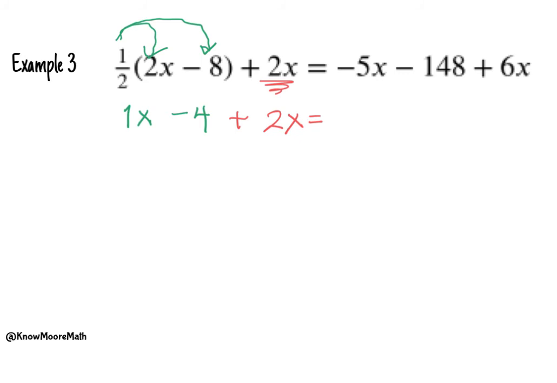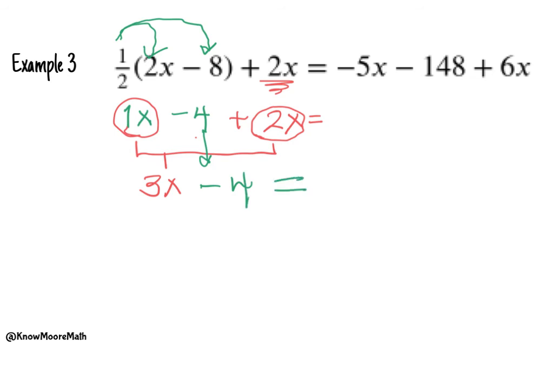And then I'll continue simplifying this side. I see that I have 1x and 2x, right? I'm combining my like terms. That gives me 3x. And then I'll bring down that negative 4. So this side, I've simplified. Let's move on to the other side.